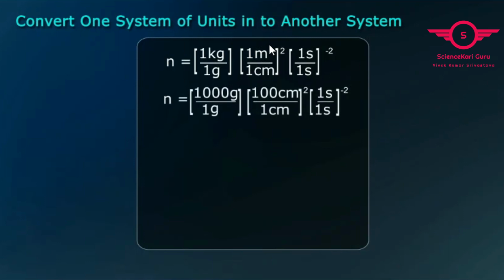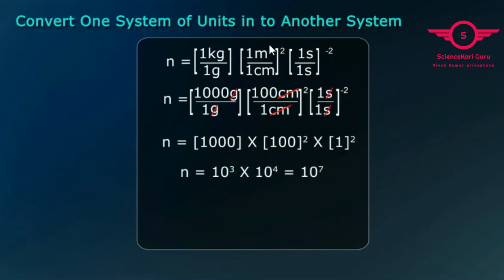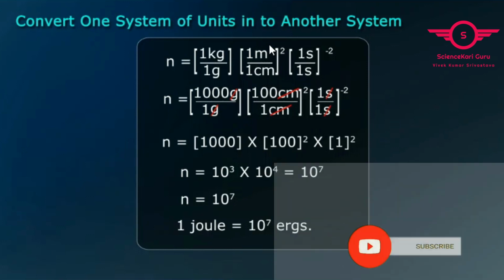N is equal to 1000 grams by 1 gram into 100 centimeters by 1 centimeter power 2, 1 second by 1 second power minus 2. N is equal to 1000 into 100 square into 1 square. N is equal to 10 cube into 10 power 4 is equal to 10 power 7. Therefore, N is equal to 10 power 7. 1 joule is equal to 10 power 7 ergs.